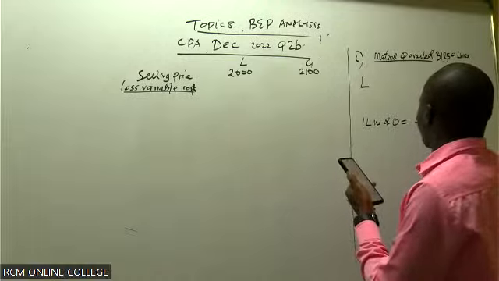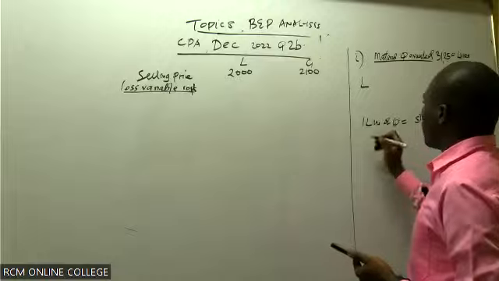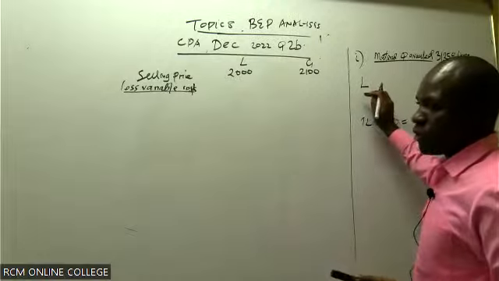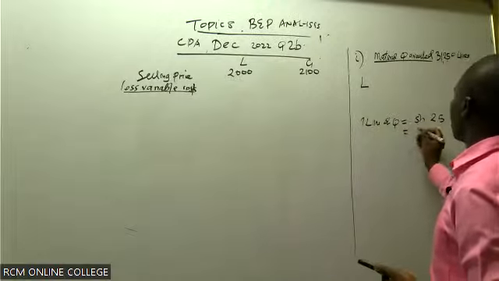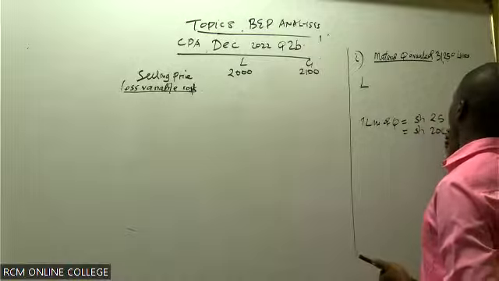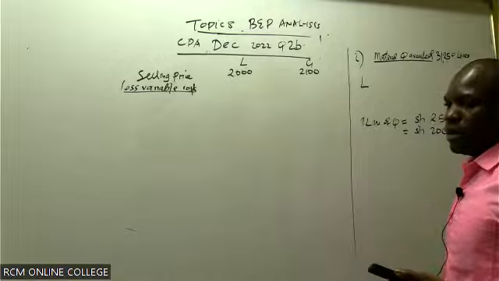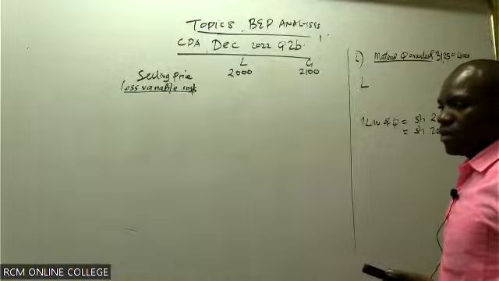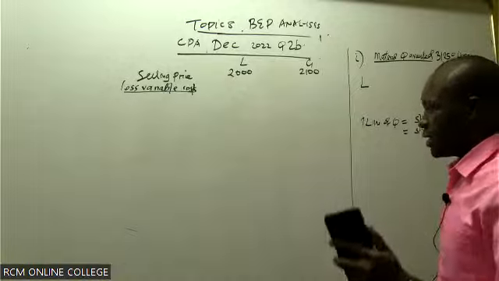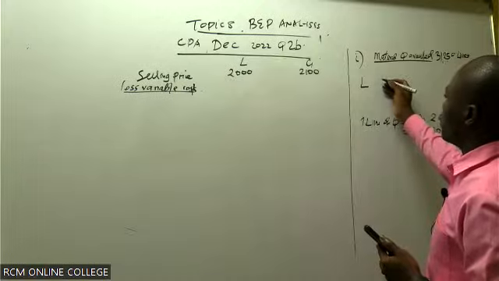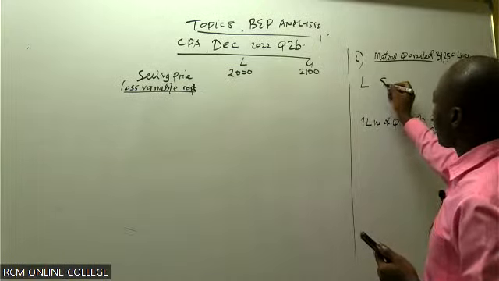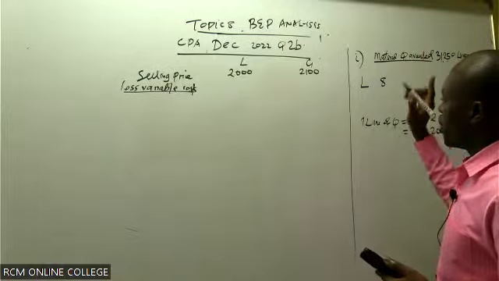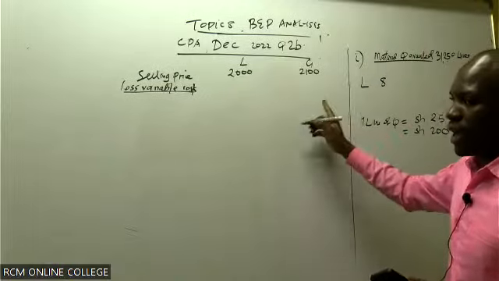Then we are told that for them to produce 1 unit of L, the company spent shillings 200. Sasa, how many liters did they use? 8 liters. That is what we need. We need 8 liters of material Q to produce 1 unit of L.